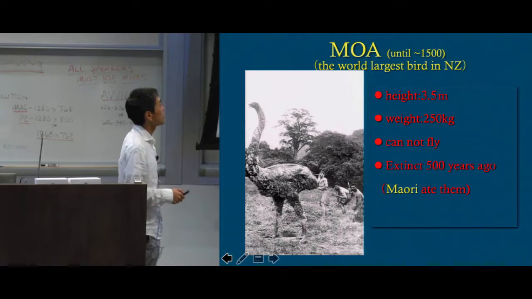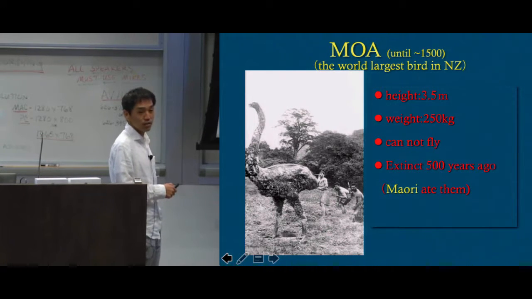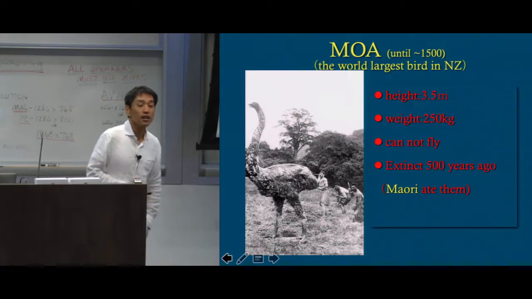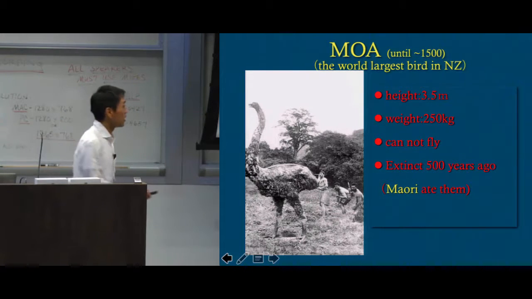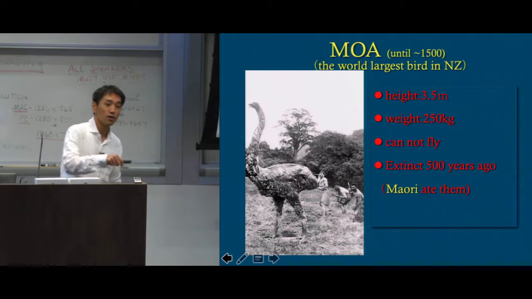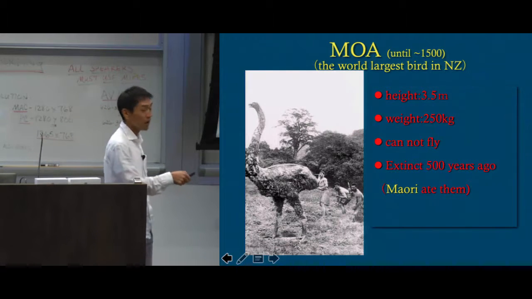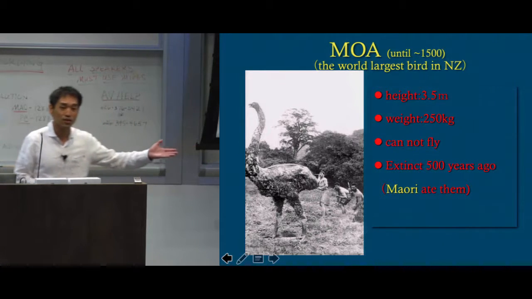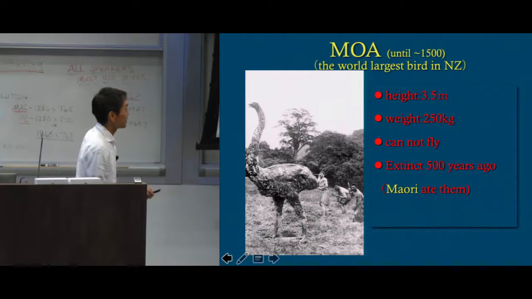The height was, they say, 3.5 meters, and the weight 250 kilograms, and they couldn't fly. But unfortunately, they went extinct 500 years ago. The Maori people, who came to New Zealand from Polynesian islands hundreds of years ago, ate them all. I thought this picture was a real picture, but it can't be, because it's a distinct kingdom.